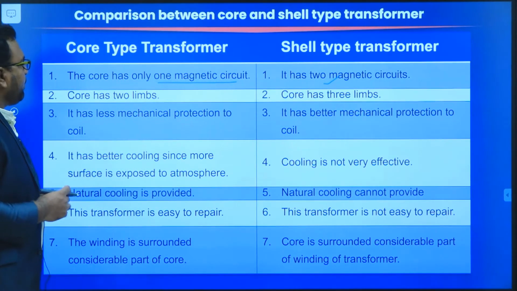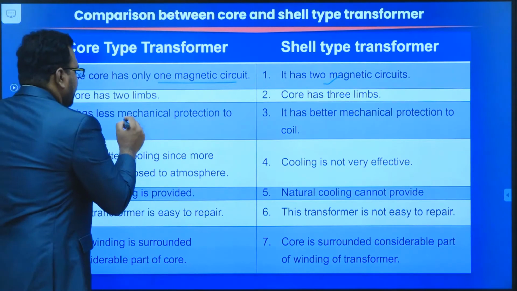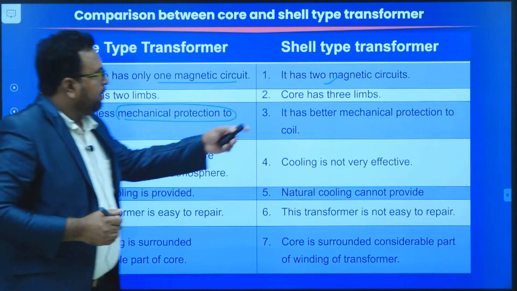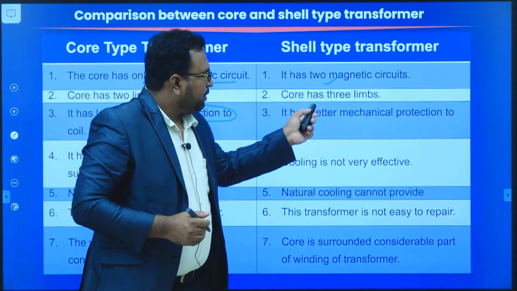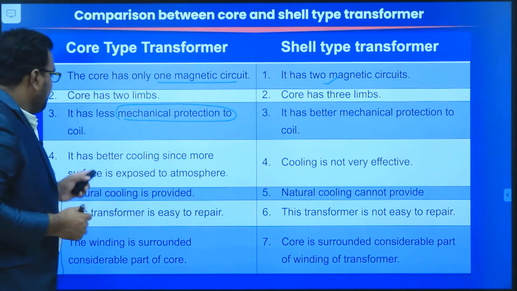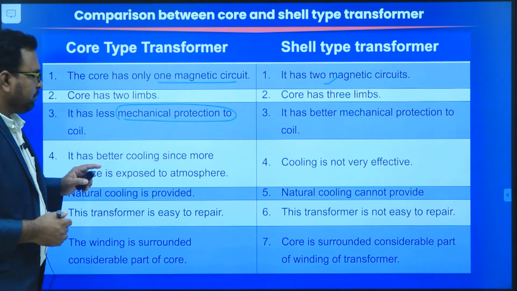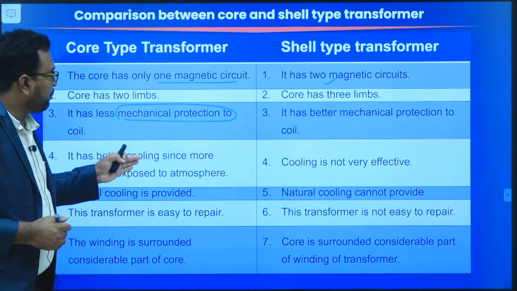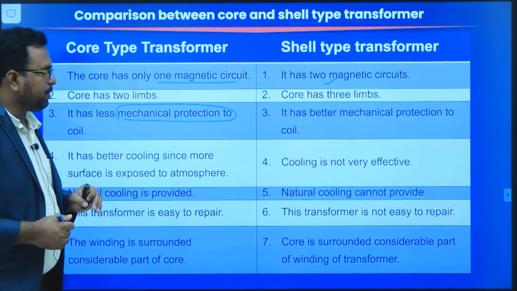In a core type transformer, the mechanical protection for the coil is very less. In a shell type transformer, the mechanical protection is very good. We can provide better cooling because the coils are exposed to the atmosphere. That's why better cooling can be provided to the coils in a core type transformer.